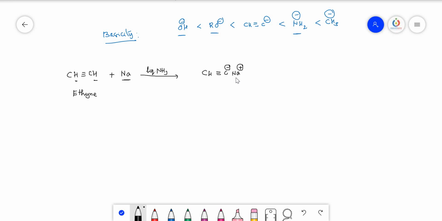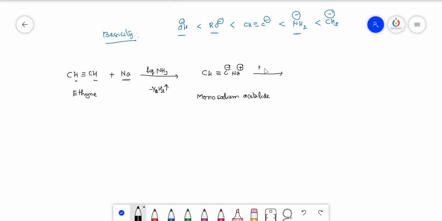This is called monosodium acetylide. Single sodium is there, no? Since it is called monosodium acetylide, here there is a loss of half a hydrogen gas, the 2 cancels out, only one hydrogen it shows. Okay.